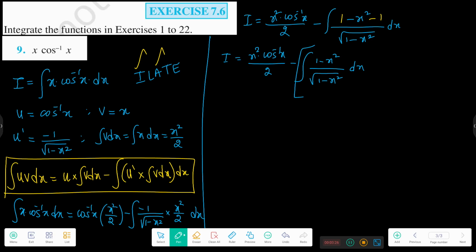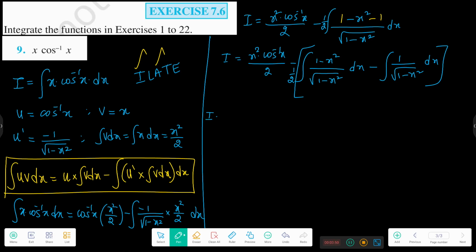This negative is common for both, so I am giving the bracket: minus integral 1 divided by square root of 1 minus x square into dx. The by 2 is missing here, so if you give the 1 by 2 commonly outside, it will be common for both.